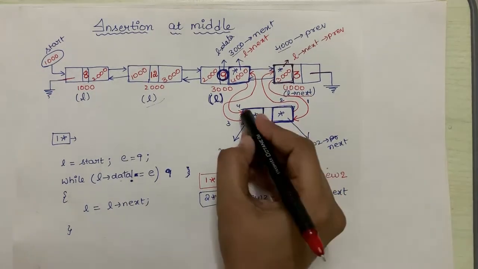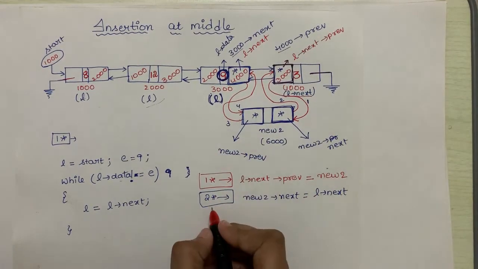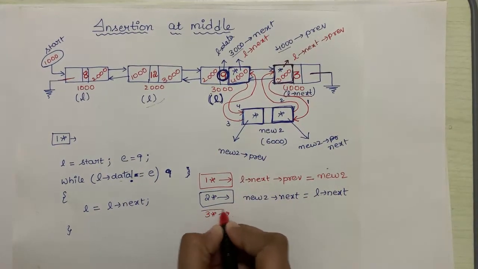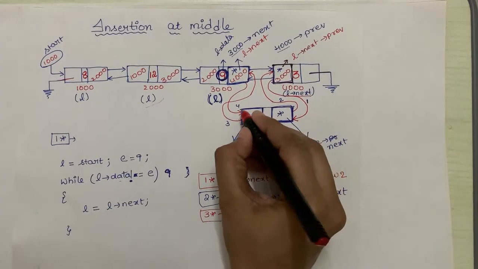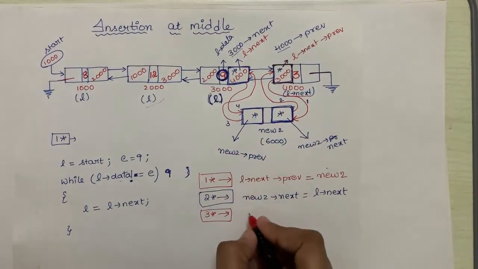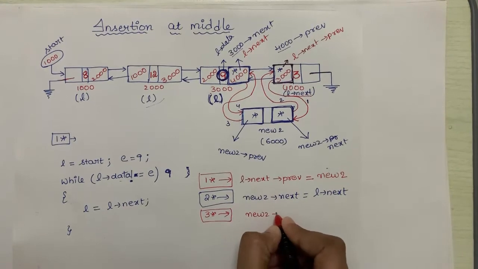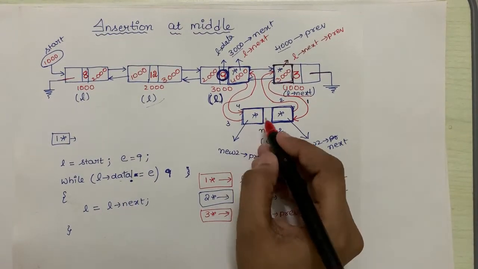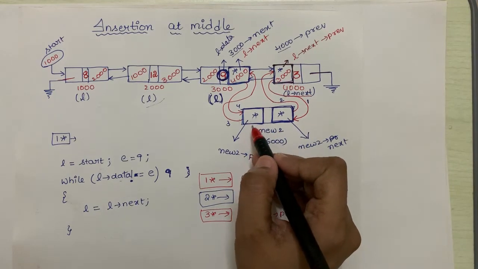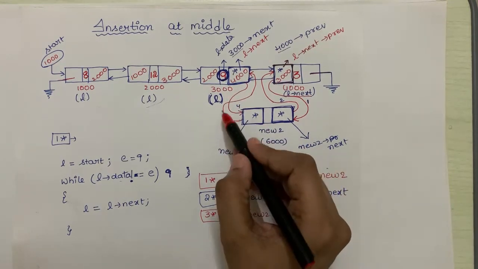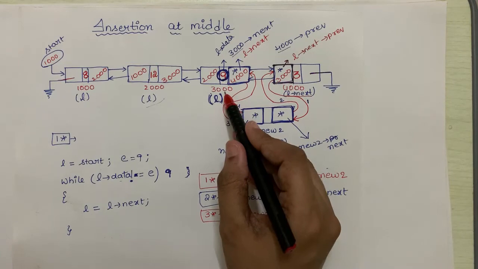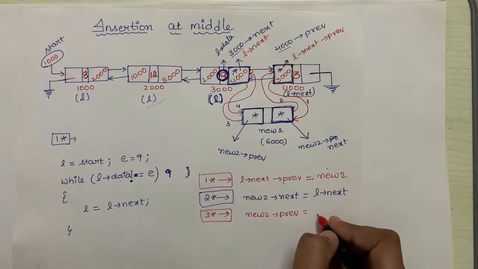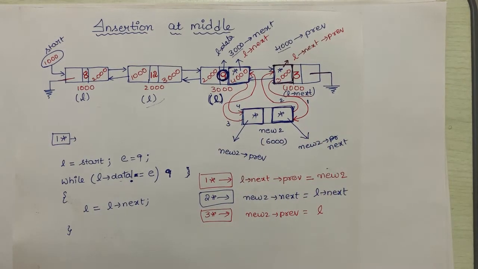Now the third box. What is the name of this field? New2 previous. New2 previous should store the value of its previous node. The value of the previous node is 3000. The name of 3000 is L. So new2 previous is equal to L.